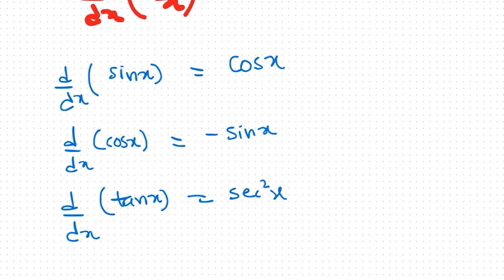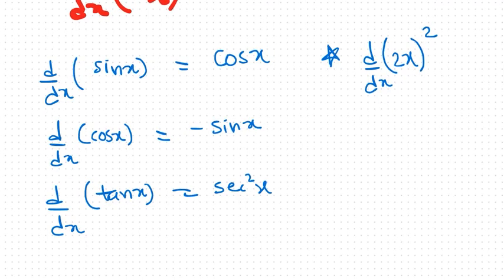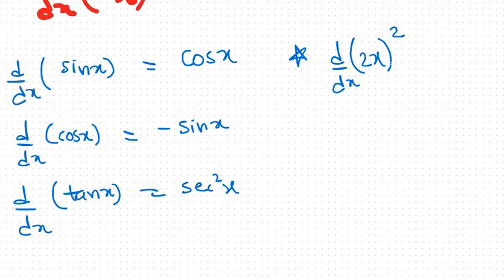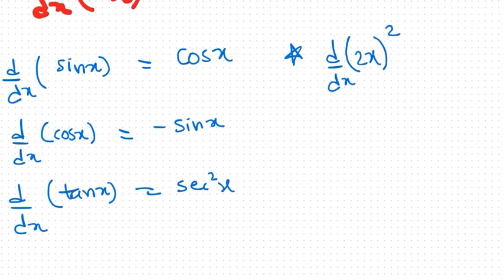Sometimes, let's say, they ask, what is the d by dx of 2x square, like this? Instead of x square, this is, let's say, twice x square. How to do these types of questions?